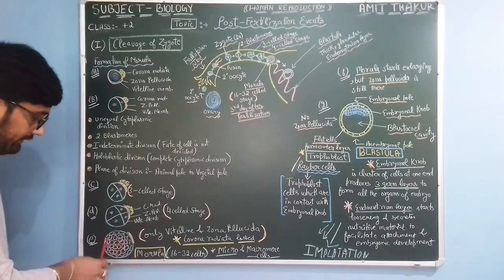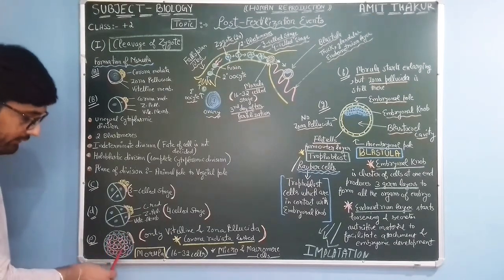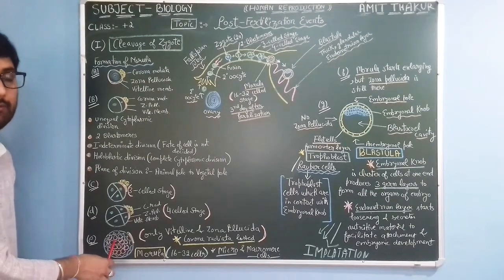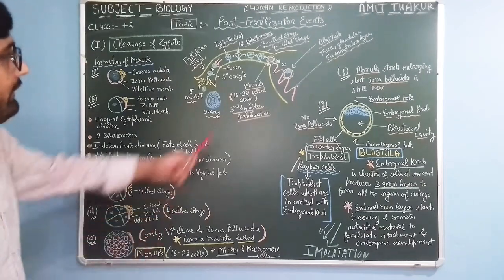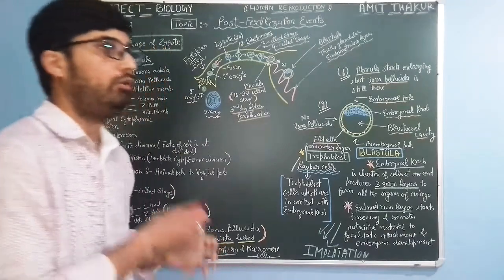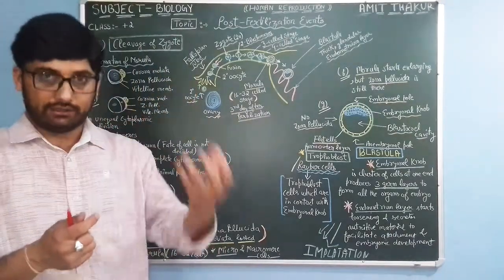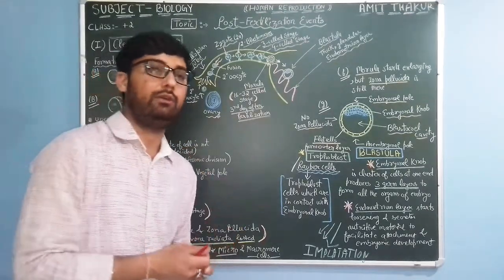Here you can see, the outline of cells are known as micromeres, and these bigger inner cells are known as macromeres. Okay. And then after the morula stage, it starts enlarging, or you can say the size of this morula increases.